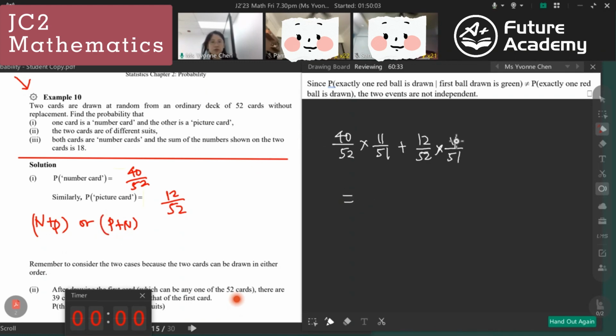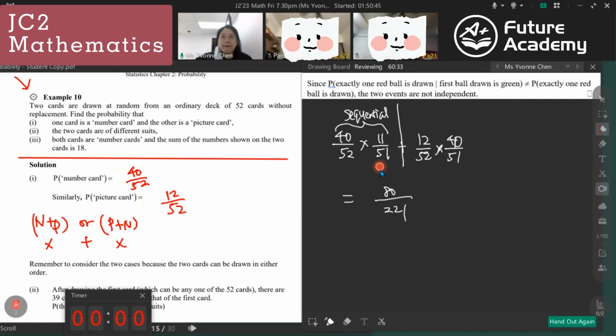You see a number card followed by a picture card, so we do multiplication here. Then "or" means we do addition. Then multiplication again: we have a number card, followed by a picture card, 11 out of 51. So one after another, there's a sequential concept. And then this event and this event are mutually exclusive.